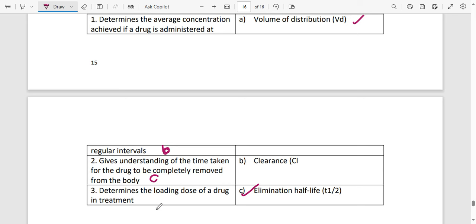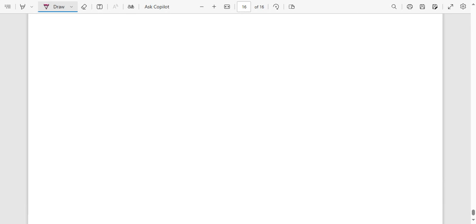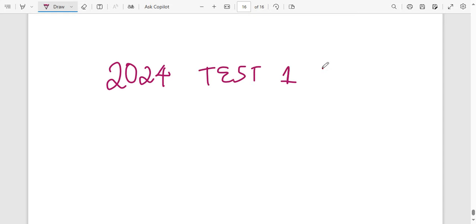That is volume of distribution. The loading dose, how much is going to the tissue. That's it. And this is where this paper ends. That is 2024 test 1 pharmacology finished.